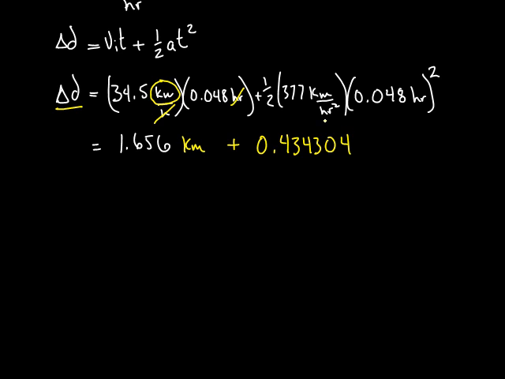And what are the units going to work out to there? Well, here we've got hours that are going to be squared, so that hour squared and this hour squared will cancel out, leaving us with kilometers. So again, perfect. We got kilometers. Kilometers plus kilometers. That'll be our delta d, our change in position.